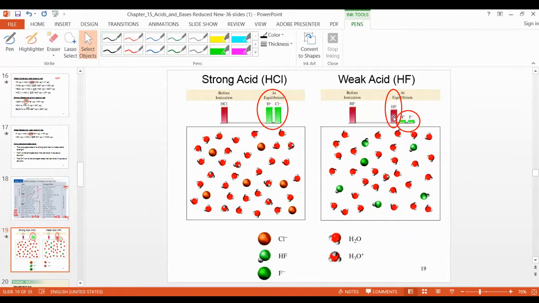So HF, you will get it again, because the strong base reacts with H plus. So at equilibrium you will find more HF and fewer ions. But here you will find only ions, there is no HCl, because this is a strong acid. So this is the difference between strong acid and weak acid. At equilibrium, what ions and what compounds will be there, so that you can explain.